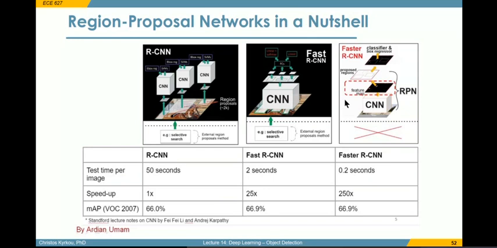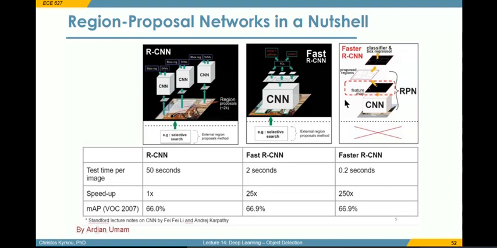So as we saw throughout this journey on the region proposal methods, with every iteration, the authors managed to improve different aspects of the system. If you see the speed up, the latest version is over 250x faster than the first RCNN.